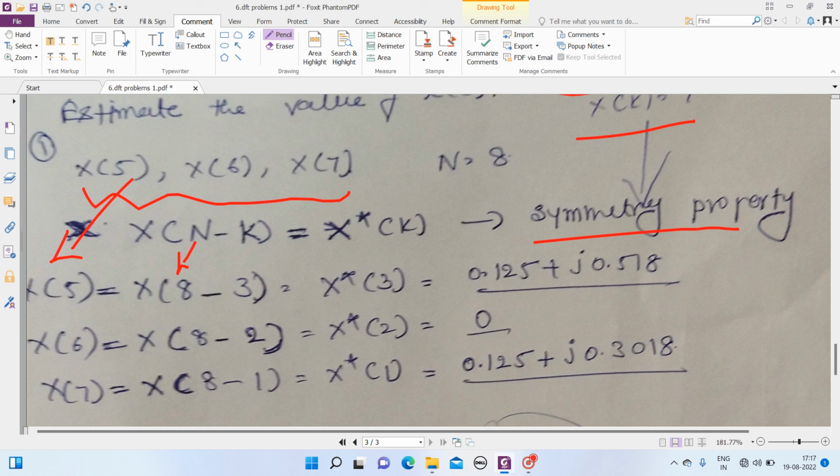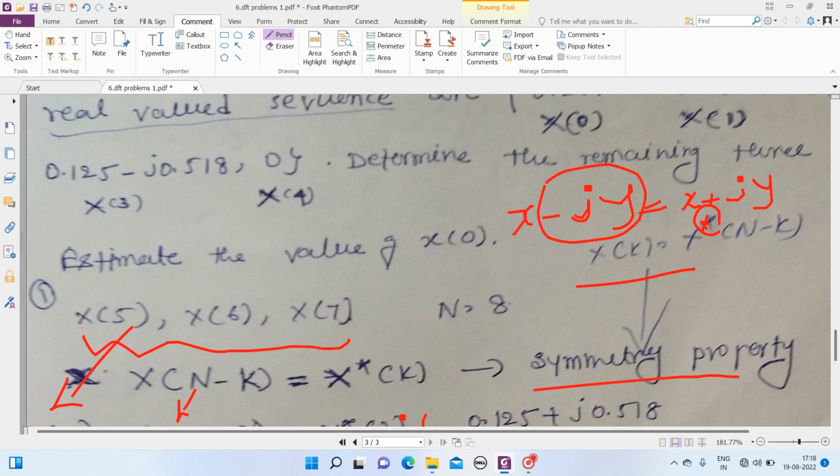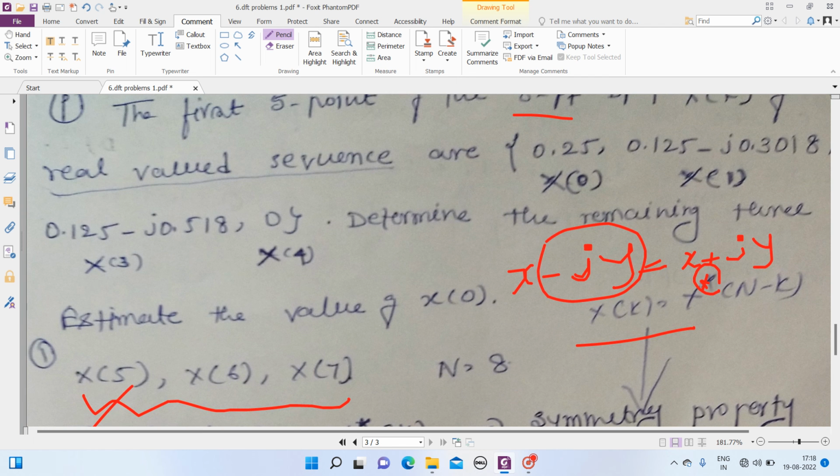So x star of 3. Again 8 minus 2 means I will get 6, 8 minus 1 means I will get 7. X of 7, right? X star of 3, x star of 2, x star of 1. They have already given these values in the problem.